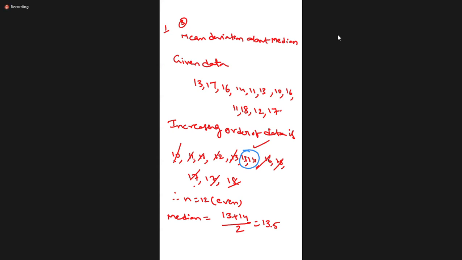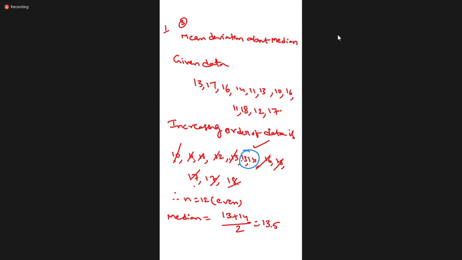So first you have to arrange in ascending or descending order. Then you have to eliminate it. Otherwise, n is a given number. So n by 2 and n by 2 plus 1 both are medians. 12 is there, so 6th and 7th observations are medians. You can count from beginning, 1, 2, 3, 4, 5, 6, 7.